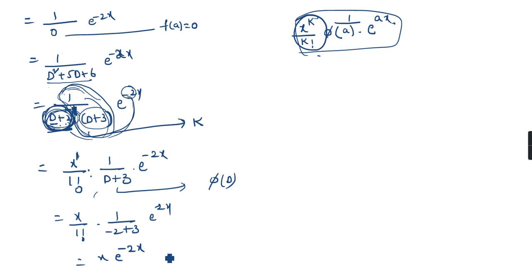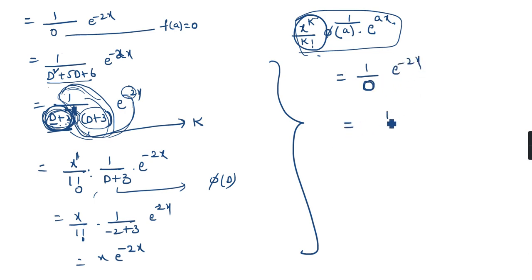Right. So this is one way to find the solution, and another way: whenever f of a is getting 0, you just take the derivative, the derivative of f of d. Whenever you are taking the derivative, you put x in the numerator.